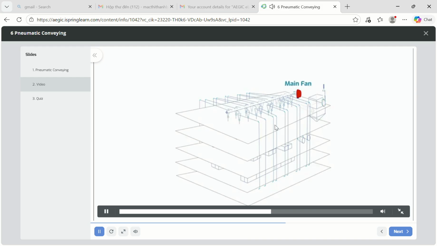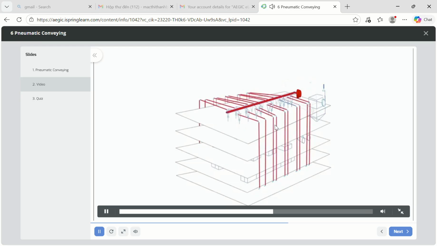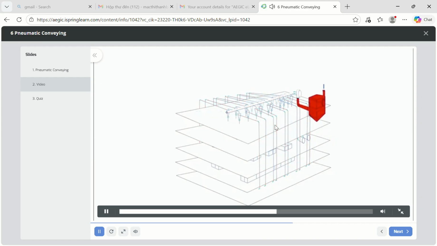There is a main fan to which all the pickup lines are connected. This fan moves air up through the pickups, into the manifold and out to the dust collector. Another fan is also connected to the dust collector, drawing air through the filters and out into the atmosphere.